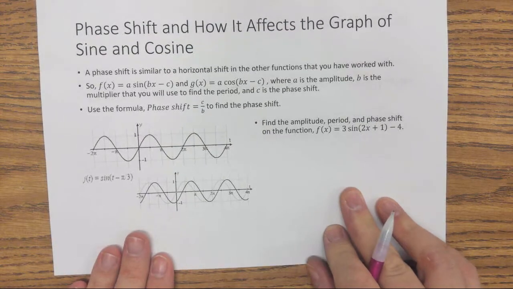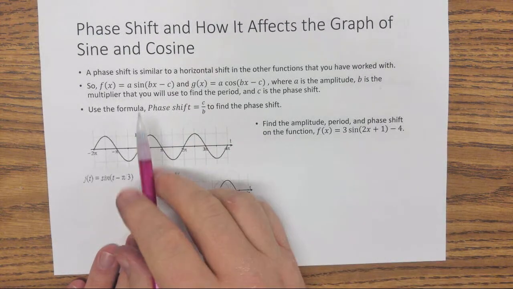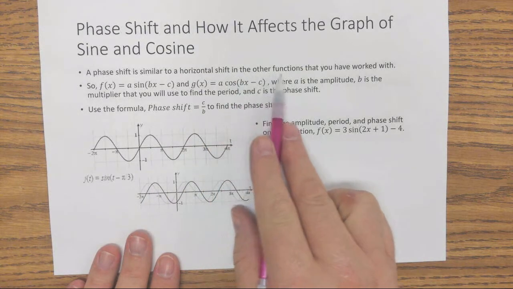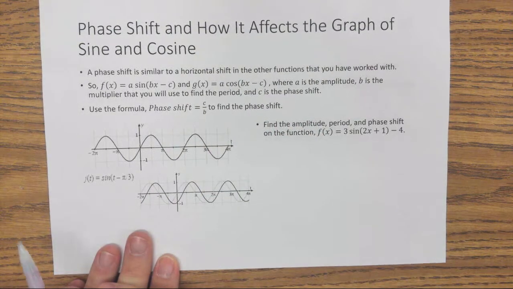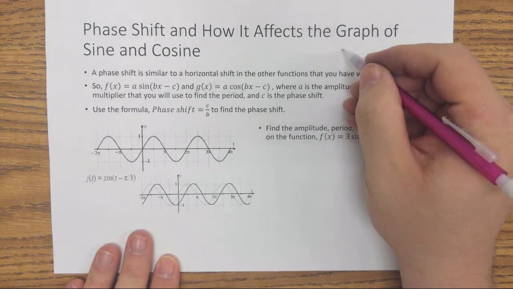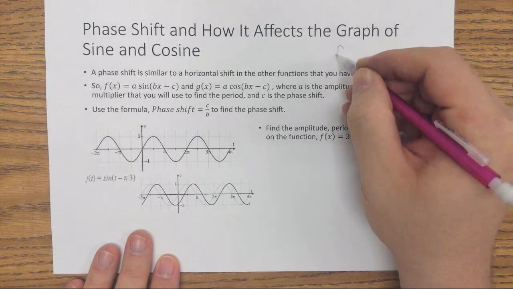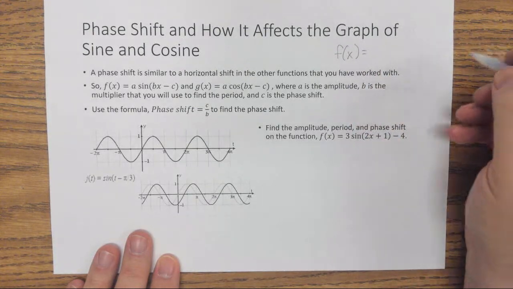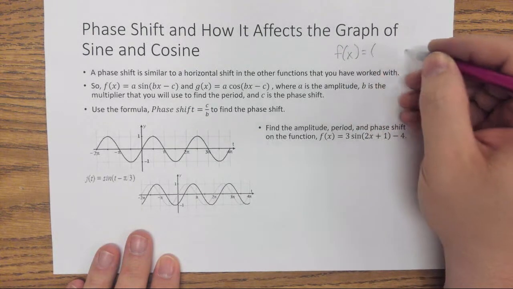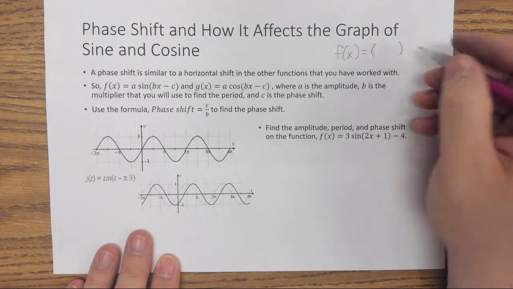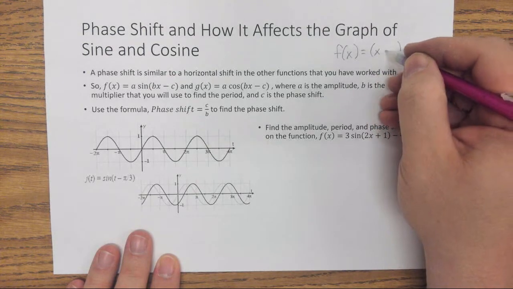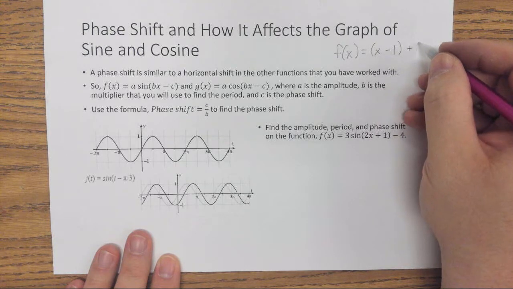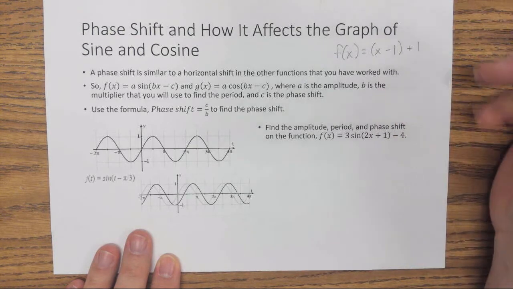Let's talk about a phase shift. So a phase shift is similar to a horizontal shift in the other functions that you have worked with. So like these horizontal shifts of a function, let's just use the line, remember, was in the parentheses, and it would be like x minus 1, and then we would have something out here, plus 1, that would be the up and down.